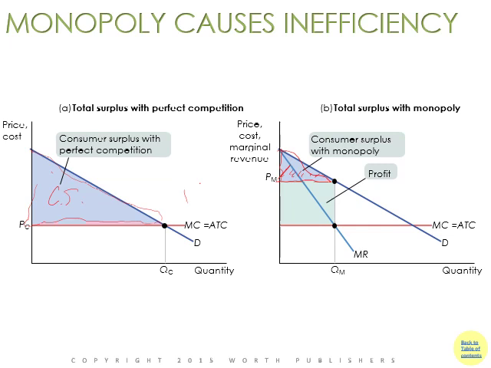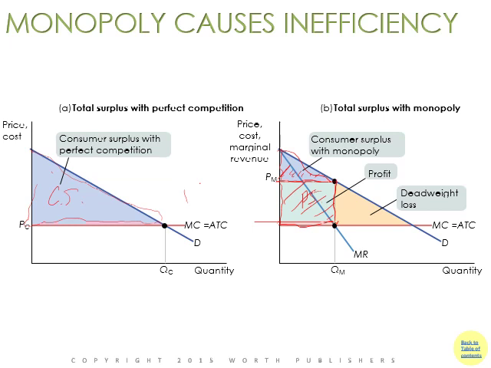Producer surplus is the area above the supply curve, or above the marginal cost curve, to the output level that's being consumed. So this would be our producer surplus, or profit.